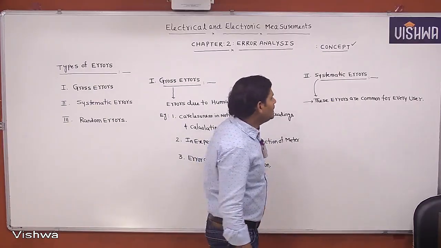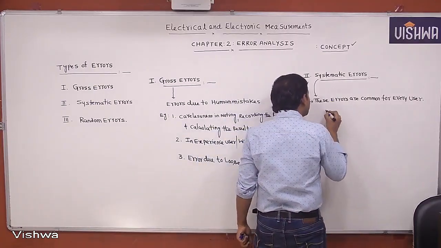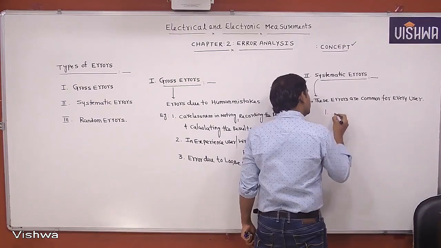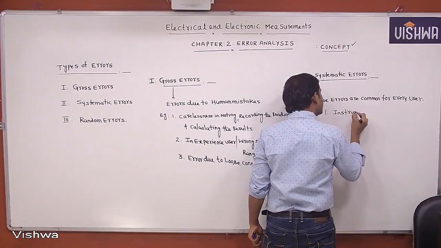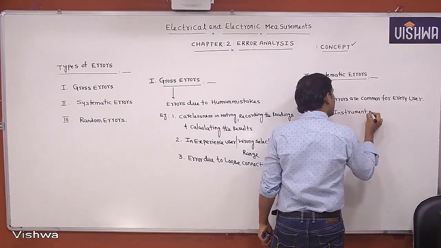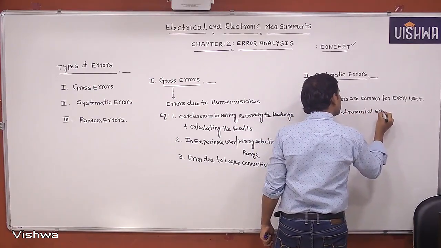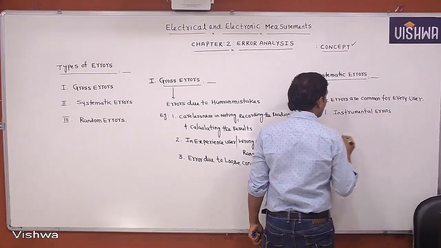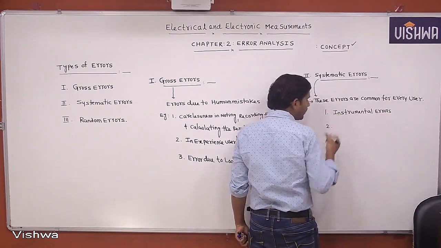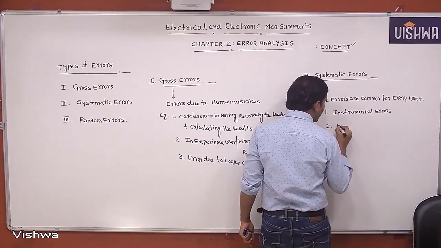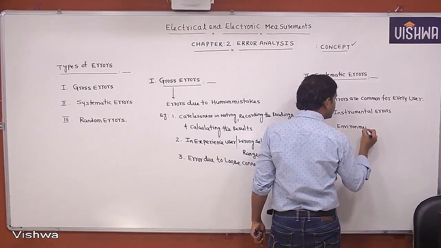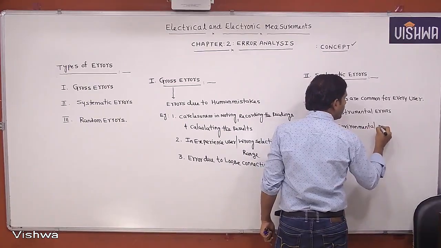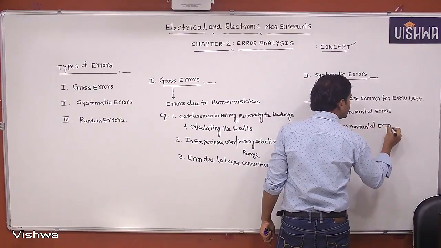Then the systematic errors are again of three types. One is instrumental errors. Another is environmental errors.